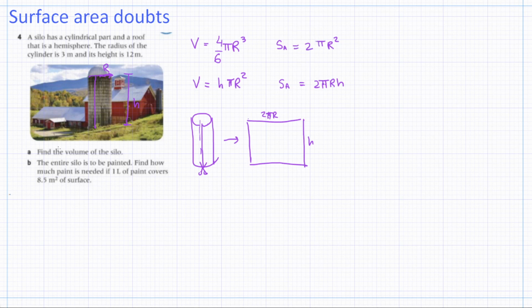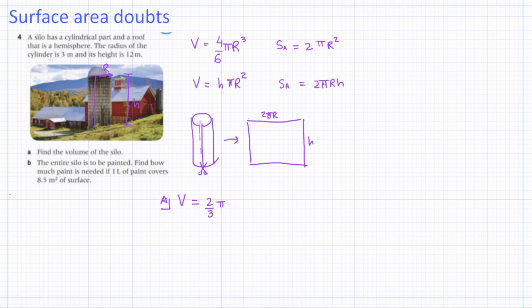Alright, now find the volume of the silo. So the total volume will be simply the sum of those two volumes. It's the volume of a hemisphere and the volume of the whole cylinder. So it's 4/6. We can simplify this, we can get 2/3 pi, and now we're given r.